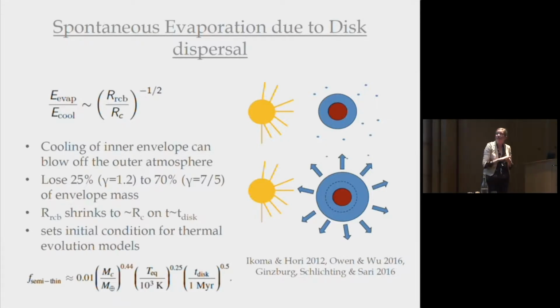So you not only lose several tenths of the envelope mass you just accreted, but your planet also fairly rapidly shrinks to sizes that are just a few times the core radius, rather than these very large radii comparable to the Bondi radius. That's because mass loss takes away energy, and therefore the remaining material can cool and shrink more quickly.